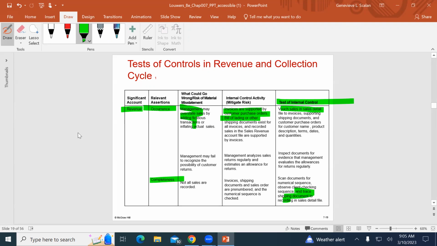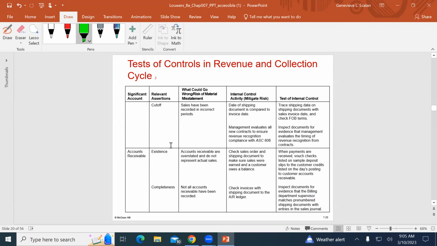So we trace. So what could happen? Cutoff. Sales could be in the wrong period, right? So again, we're going to trace and make sure that we're using the date from the shipping documents. So all just very normal procedures.